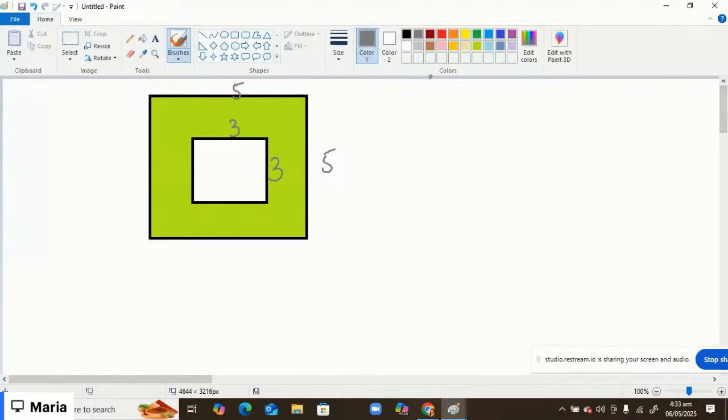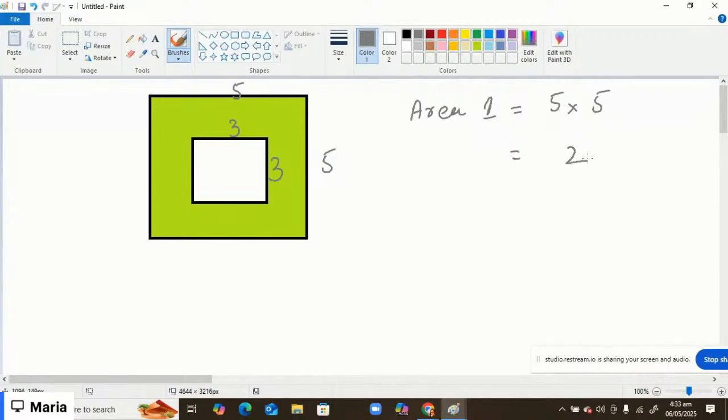Okay, first of all, finding the area 1. Let's suppose this is area 1 and that is area 2. First area is 5 times 5, not multiplying 5 with the 3, you're just checking it out. Inside there is no triangle, sorry, there is no square. Outside there is a square, so 5 times 5 is 25.